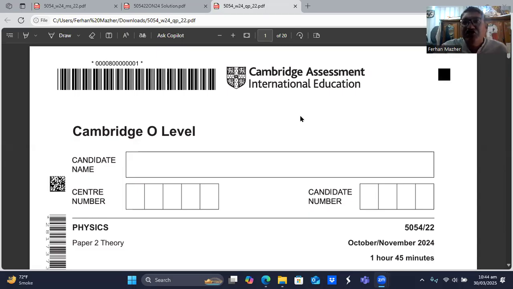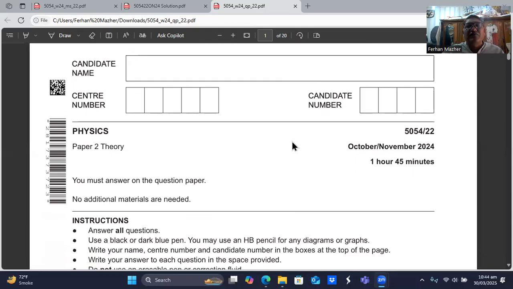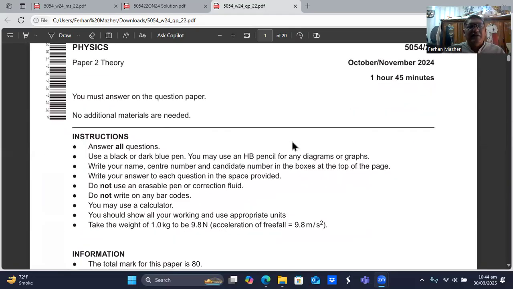I am just using them. The paper and marking scheme have not been created by me. This is the intellectual property of the Cambridge Assessment International Education. So let's start today's paper, October-November 2024 Paper 2, variant 2.